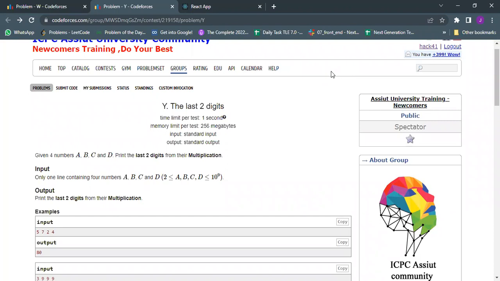Are you asking that instead of 2 digits, the number will be given by the user, and how can we do that? Okay, that depends on the number of digits, I guess. If it is a small number of digits, then we can use the same approach used in this problem. And if it is a larger number of digits, like 18 or 20 digits, then we have to store the digits in a vector.